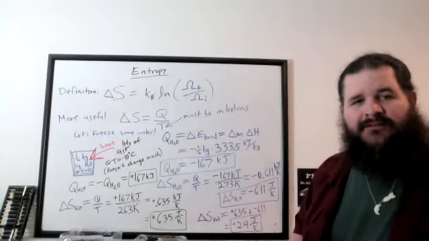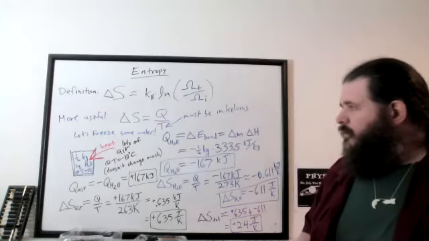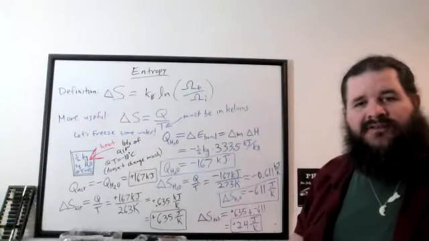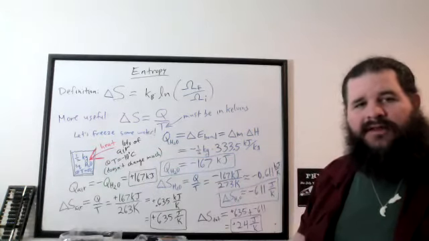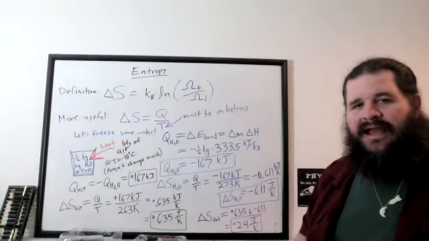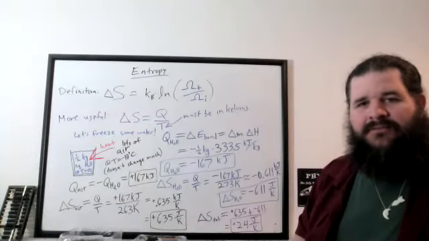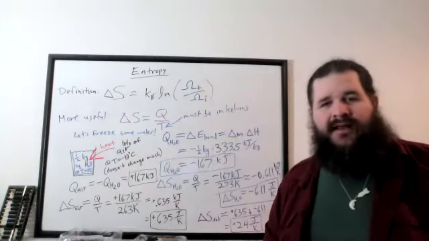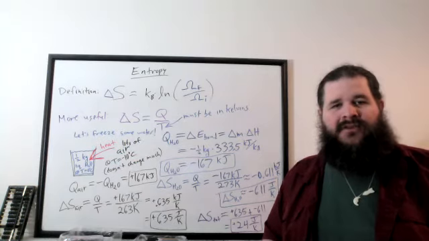Everything would just be completely reversed. So the reason why heat can't flow from cold to hot is because that process involves entropy decreasing overall in a closed system. And that's not going to happen according to the second law of thermodynamics.